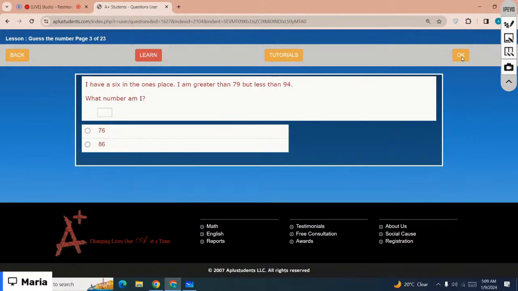Okay, I have a 6 in the ones place. I am greater than 79 but less than 94. Which is the correct option?